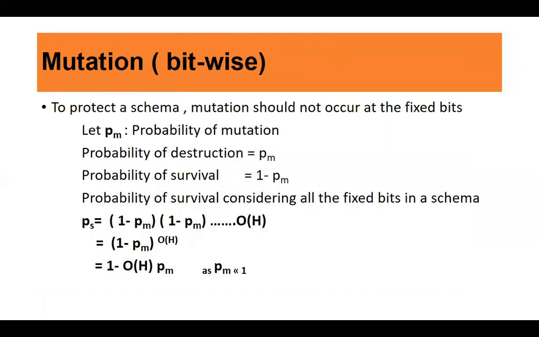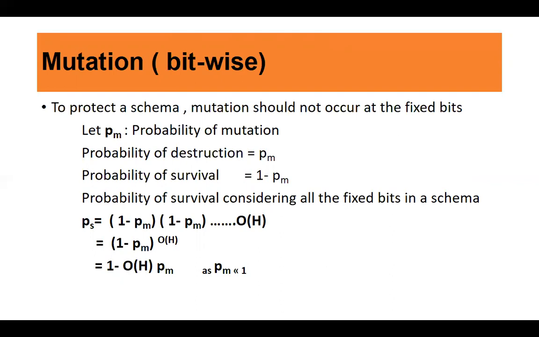Next, what we have is mutation, right? So now let us consider bitwise mutation. If we consider bitwise mutation, to protect the schema, mutation should not occur at the fixed bits, because if the fixed bits are changed, the schema will change, right? It can occur at the star positions, but not at the fixed bits.